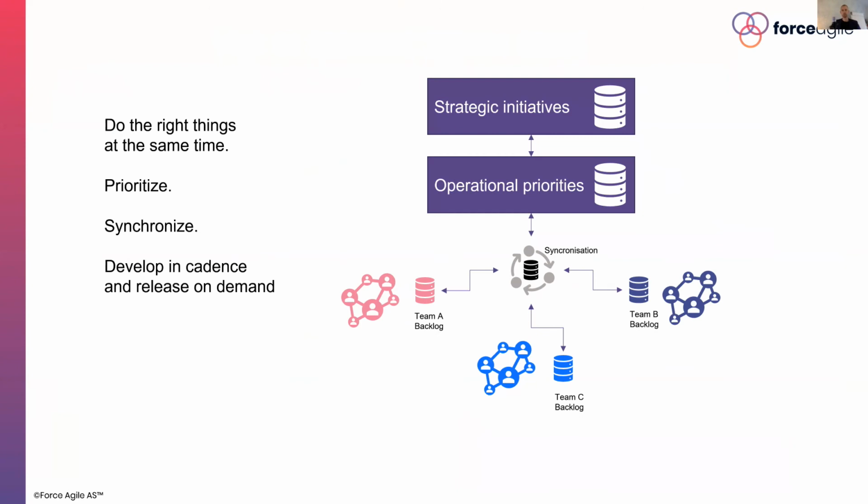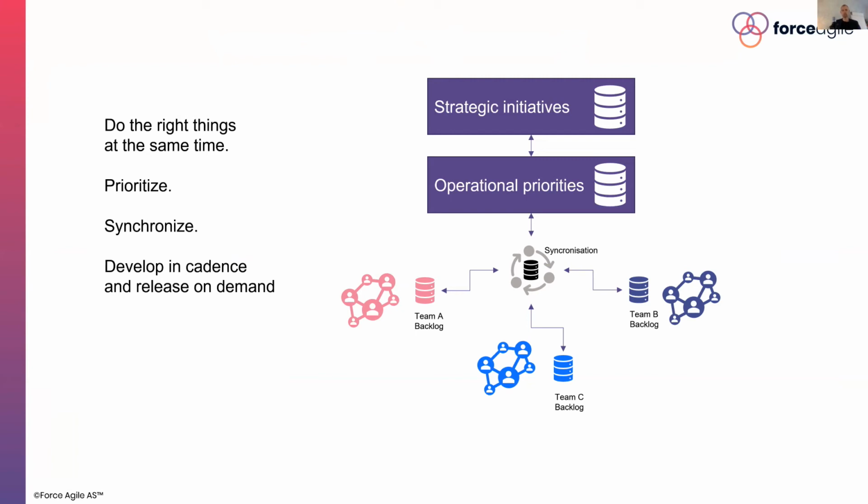So then we are back to what we would like to emphasize here, and that is a typical agile organization where you do the right things at the right time.